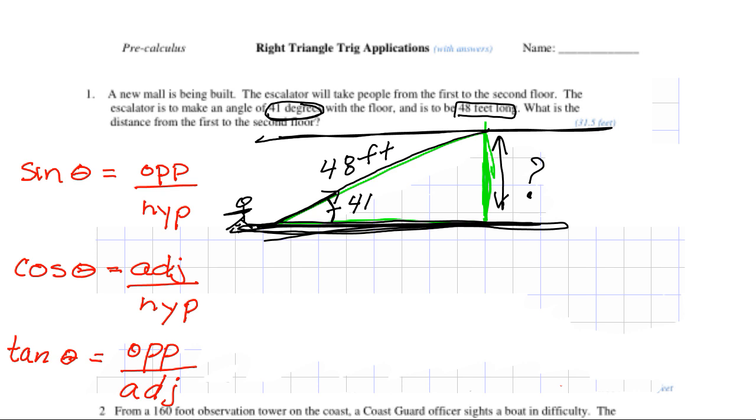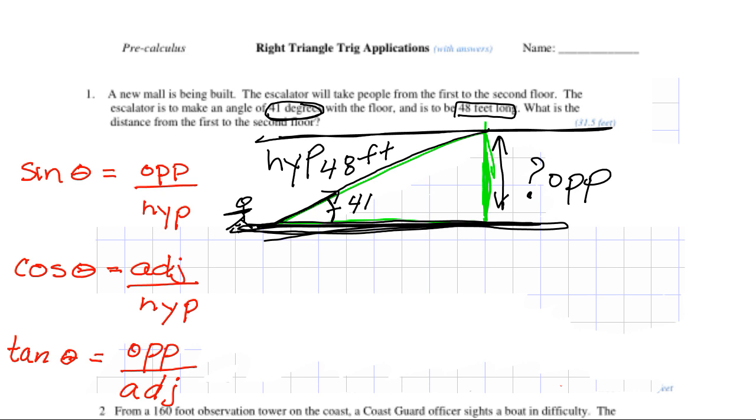Then I say to myself, I know the angle. I know the length of the hypotenuse, and I'm trying to find the length of the side opposite. This over here, that's the side opposite. And here's the hypotenuse.